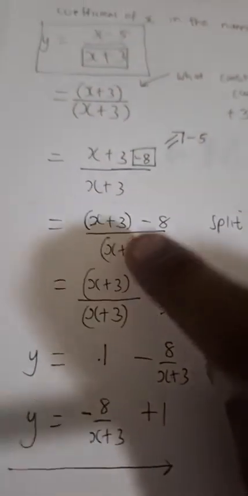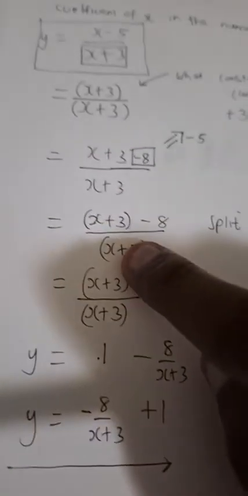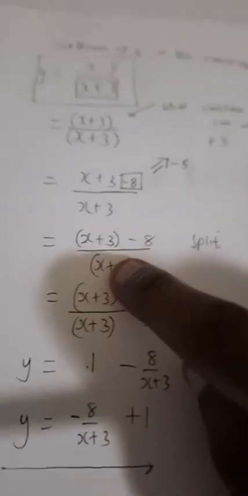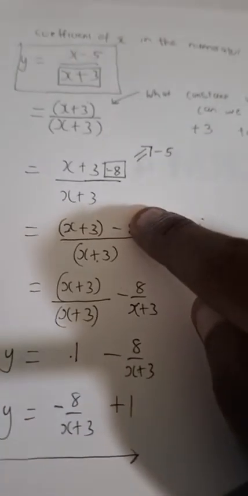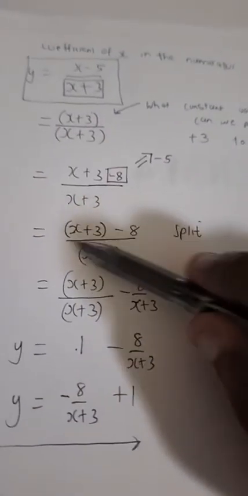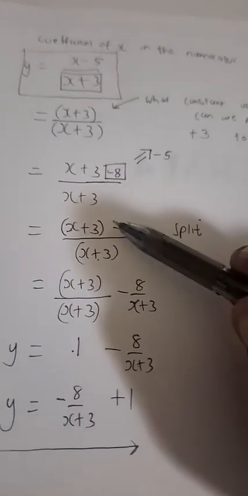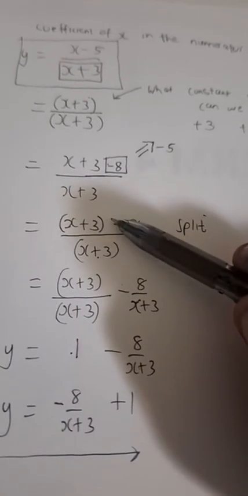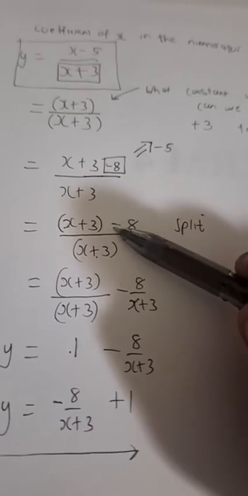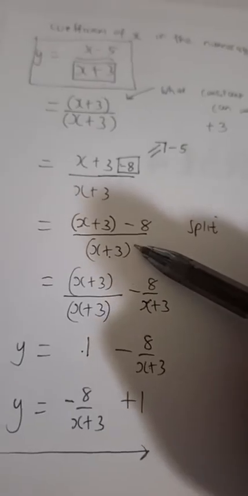Step number 2, you put brackets around the x plus 3 and the x plus 3. Why? Because in the numerator you now have how many terms? 2 terms. Why? Because x plus 3 in a bracket is 1. Minus 8 is your second term because terms are separated by a plus and a minus sign. In the denominator you have x plus 3 as well in brackets.